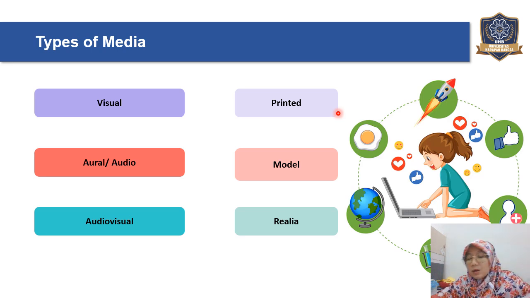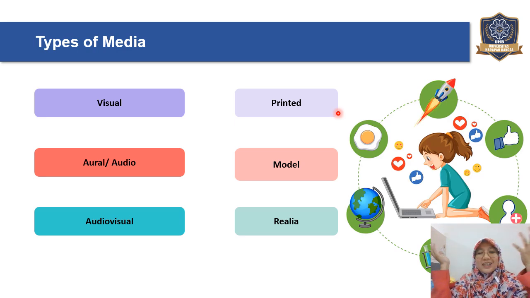And then aural or audio, of course, this is the media in which we receive the sensory by using our ear. So it's kind of listening media. When we have listening class, you use MP3, something like that. So it's aural or audio. And then the next is audio visual. Audio visual is the combination between visual and audio.